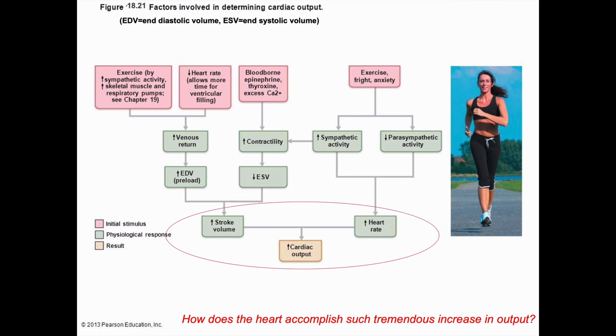There is also something called end diastolic volume and end systolic volume, which I will show you. For example, exercise will increase skeletal muscle activity. When the skeletal muscle contracts more, you need more blood supply, so naturally the heart rate has to be increased by the sympathetic nervous system.